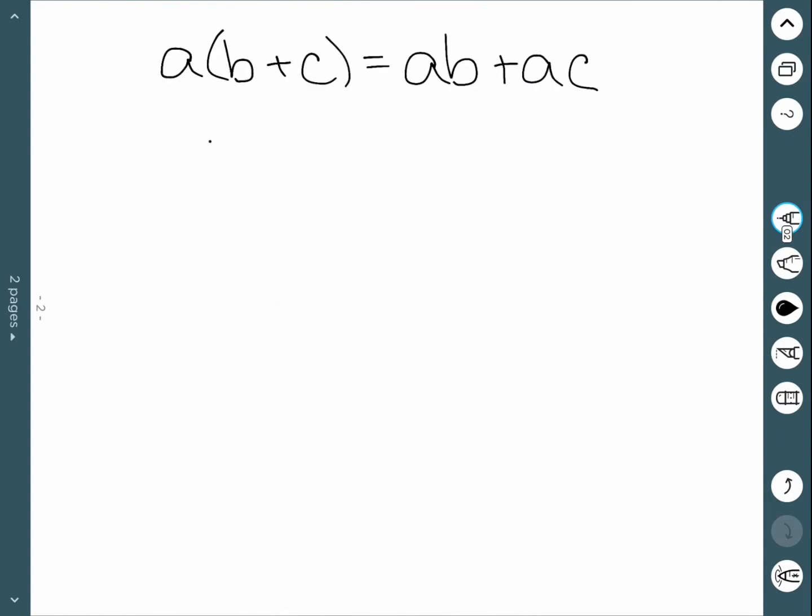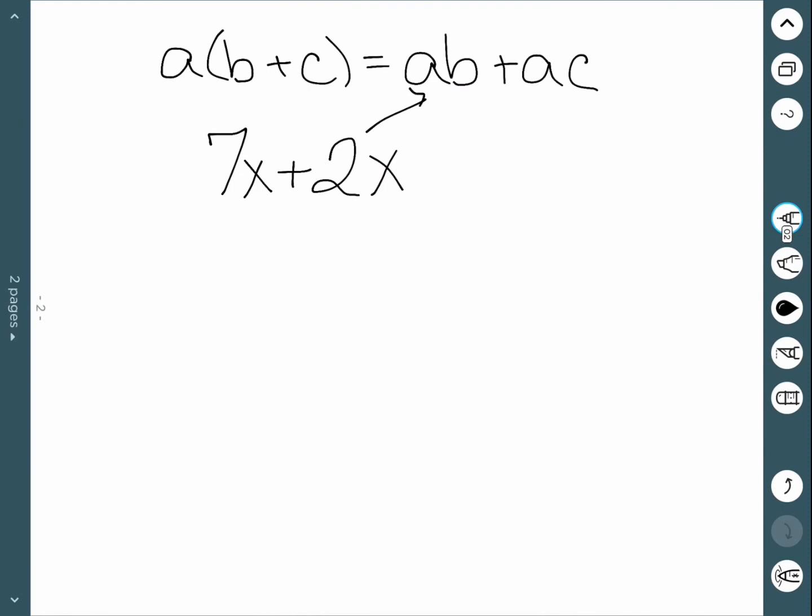Let's suppose we have something like 7x plus 2x. We know we wanted to use the distributive property, otherwise why would I have pointed it out? Well, you'll notice this looks a lot more like the right-hand side of this equation than the left-hand side. So essentially we're looking for the value of A. What is the thing that I'm multiplying by?